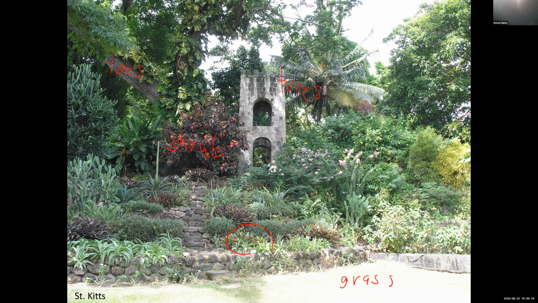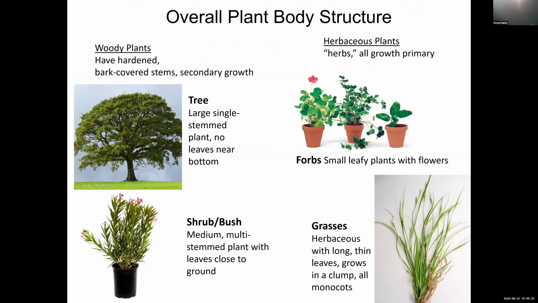And so that's what I'm talking about. We're going to try and make a categorization of different plant body types or body forms. And we're going to have plants that either are only green growth, they tend to only live a year. And we're going to have plants that live for longer than a year, and they're going to have some kind of woody or brownish and hard structures.